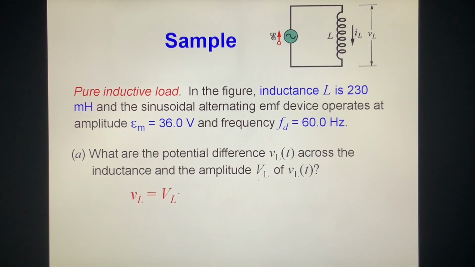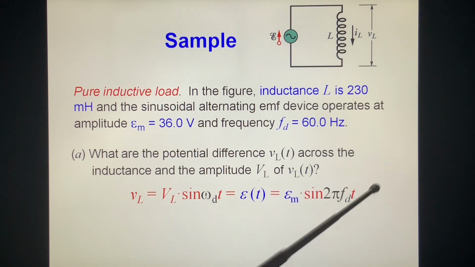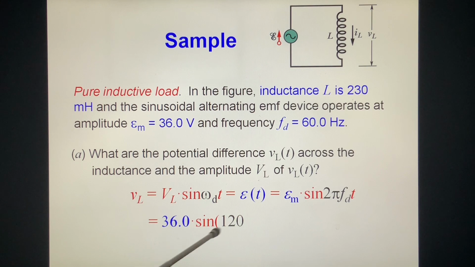Now we write it up. VL we can write in this form, and this equal to epsilon, and epsilon equal to epsilon maximum sine omega t. We compare these two, we get VL. So we can find the VL equal to 36.0 volt.